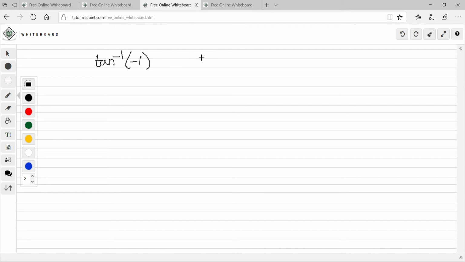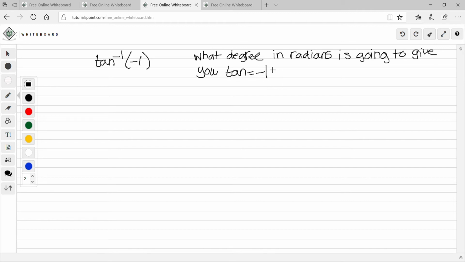In words, it's really asking you what degree in radians is going to give you tangent, where tangent equals -1, where alpha is in negative pi halves to pi halves, right? So this is the range of the tangent inverse graph.